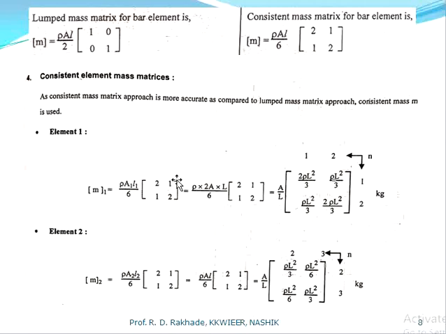Putting A1 equal to twice A, and for element 2, A2 equal to simply A, after simplifying we get this matrix.